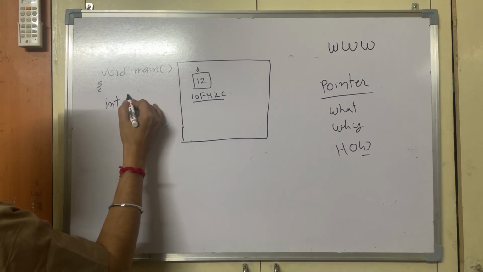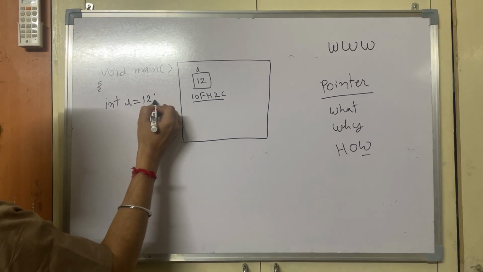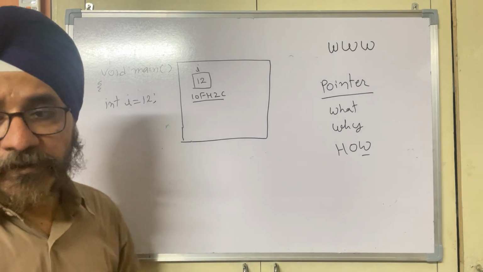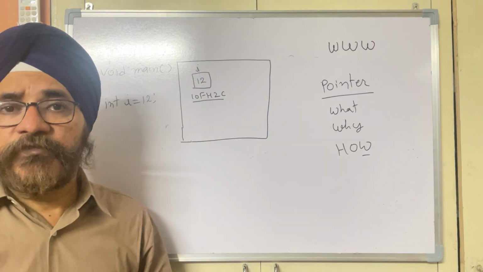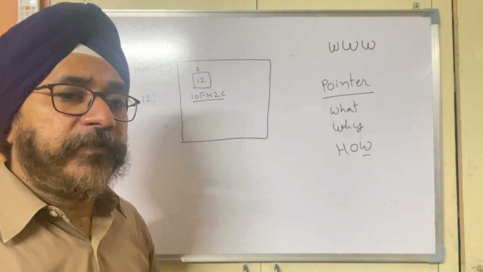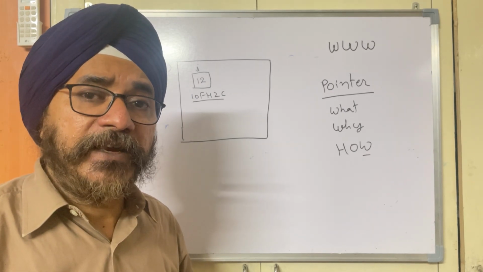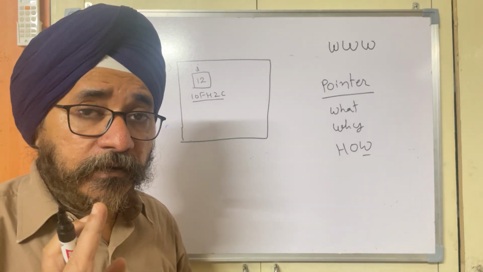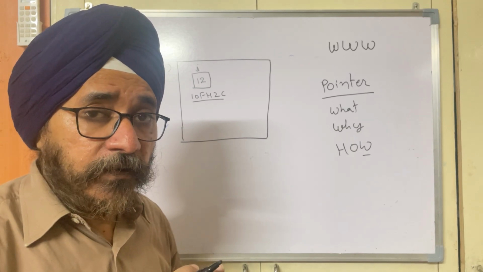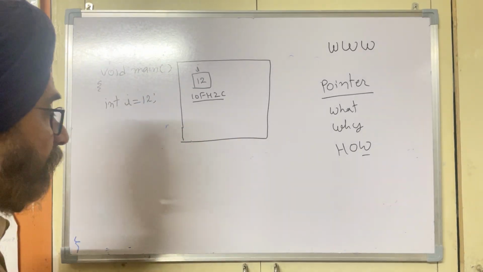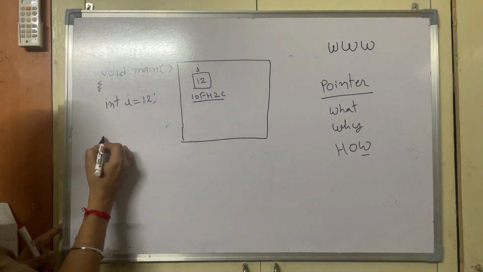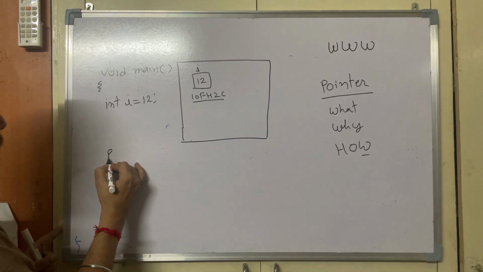int i = 12, and we want to print the value of the variable as well as the address of the variable. So how do we do it? Just see, I am using printf.